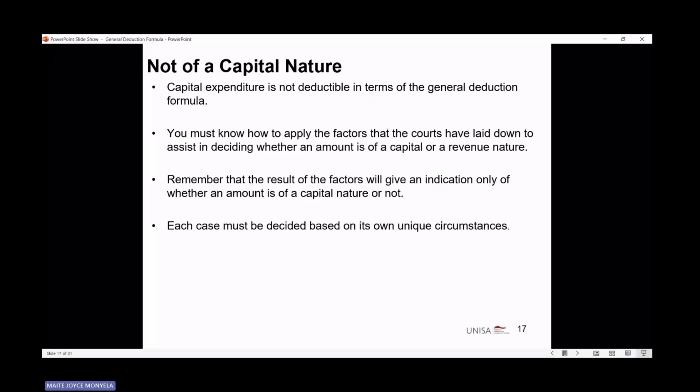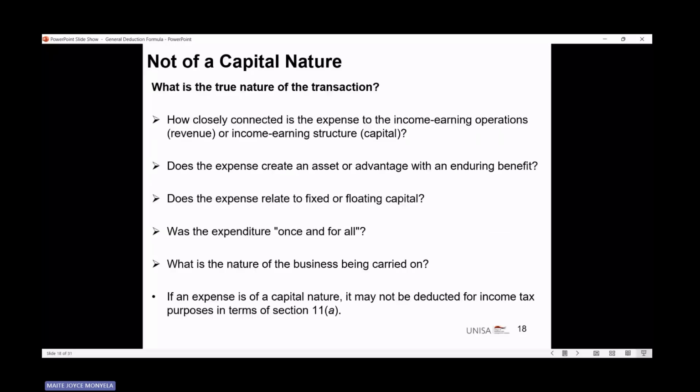Also remember, the result of the factors will give an indication only of whether the amount is of capital nature or not. So what is the true nature of the transaction? You must ask this question before you can decide whether it's of a capital nature or a revenue nature. How closely connected is the expense to the income earning operation or the income earning structure?